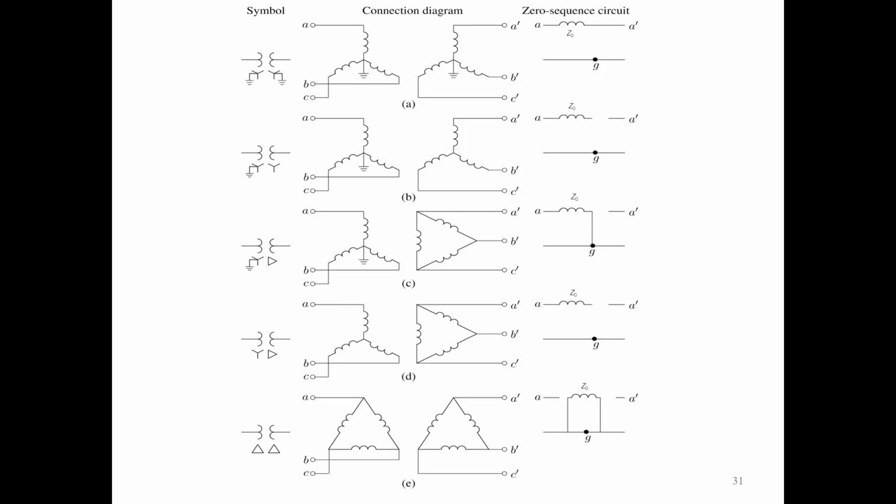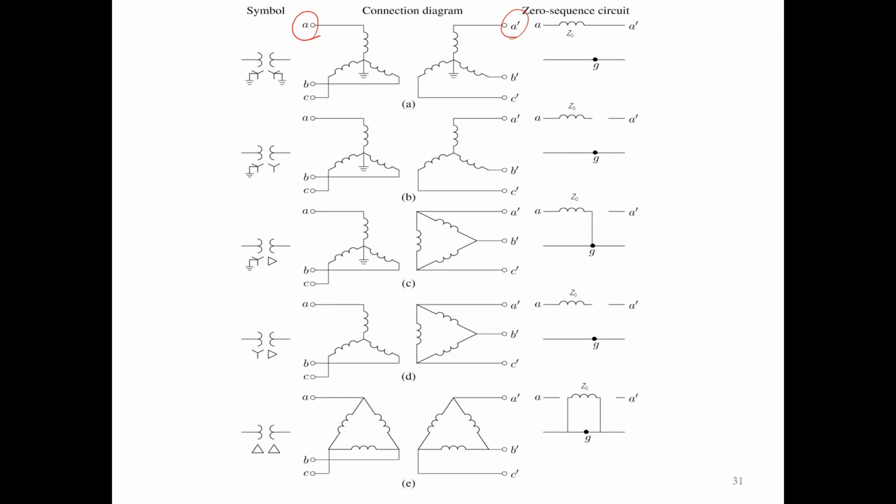Now if this is a single line diagram symbol indicating that the primary is Y grounded and the secondary is also Y grounded, it means that the zero sequence current can flow from primary to secondary. The neutral current is associated just with the zero sequence network.